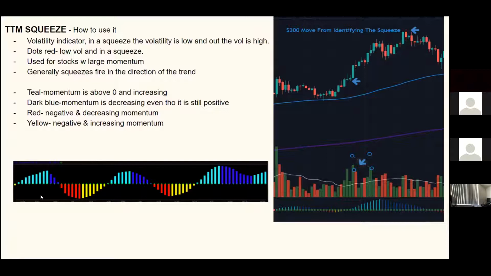This is just how I keep my color schemes, but I've seen different color schemes depending on your own personal preference. The actual dots themselves usually stay the same. Red is being in a squeeze, aka a consolidation period, which is right here you see. And then green is actually firing from that squeeze to either the upside or the downside. Does that make more sense?